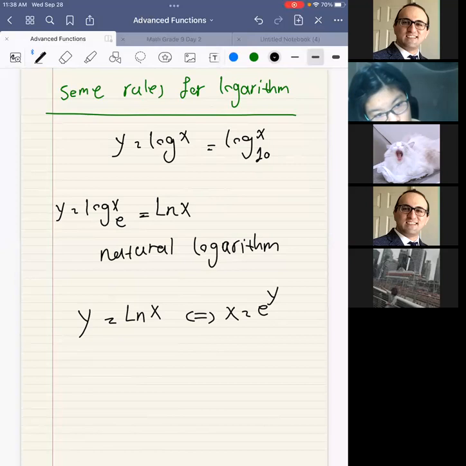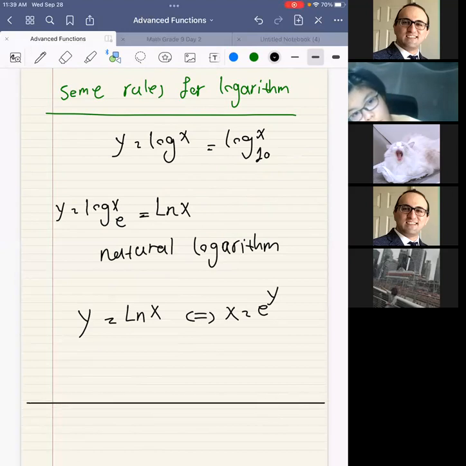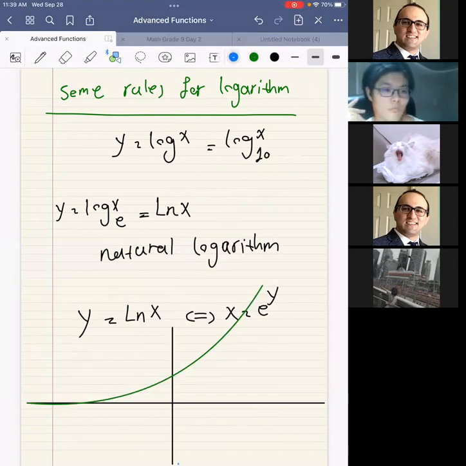Okay, so let me also draw the graph of these two, which are very similar to 2 to the power x. First, this is e to the power x. And the natural logarithm is the inverse of e to the power x.